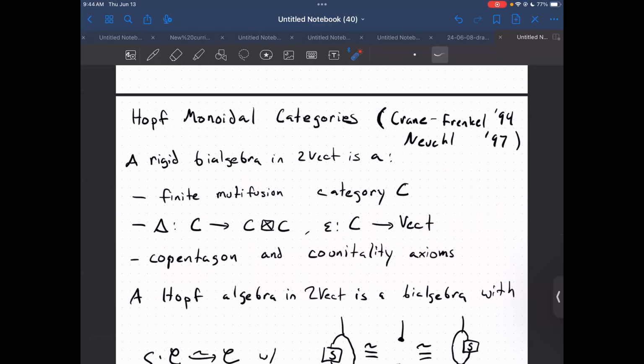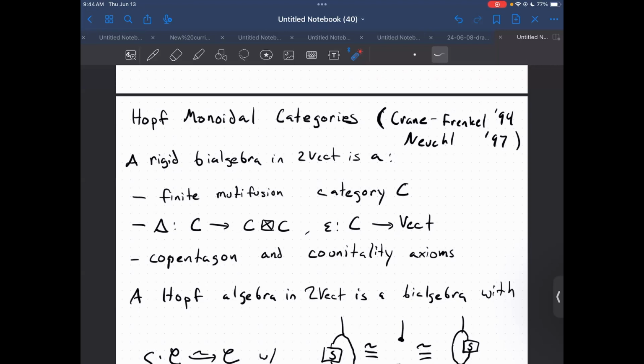Okay, so we're going to do Tannaka-Krein reconstruction. I have to tell you what a Hopf algebra should be, and this is a little bit subtle. It's some finite multi-fusion category together with a monoidal functor from that category to the Deligne tensor product of itself, and some sort of co-unit, monoidal functors.